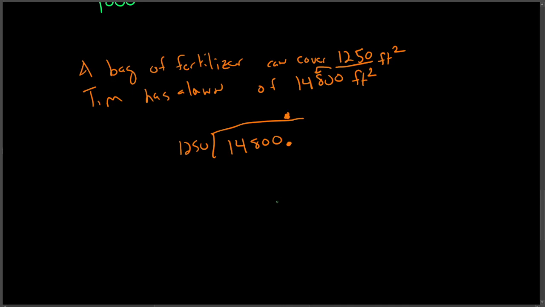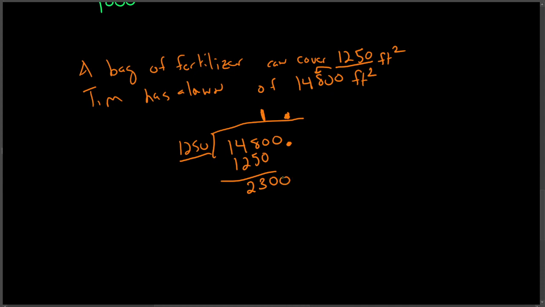So we'll put the decimal place there if we need it. And so 1,250 can't go into 1, can't go into 14, can't go into 148, but it can go one time into 1,480. So I'll multiply this back out, and I'll subtract 0, 3, 2.